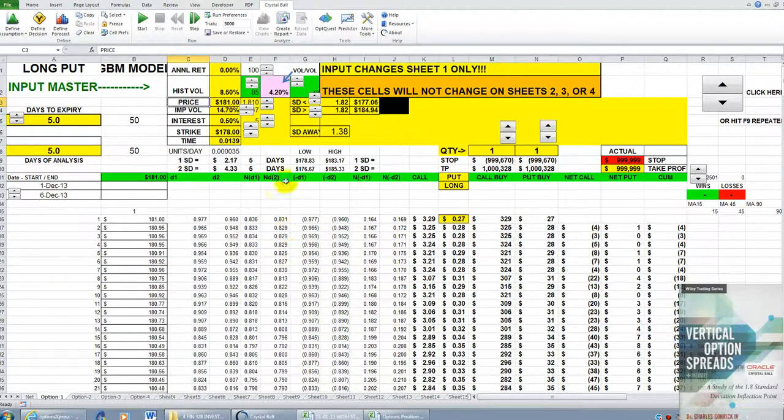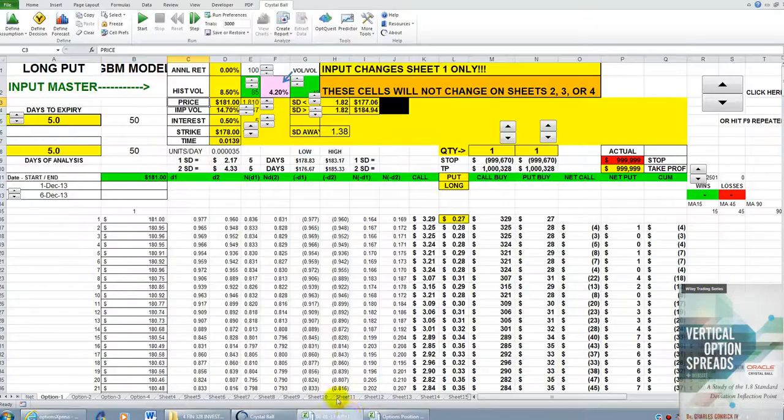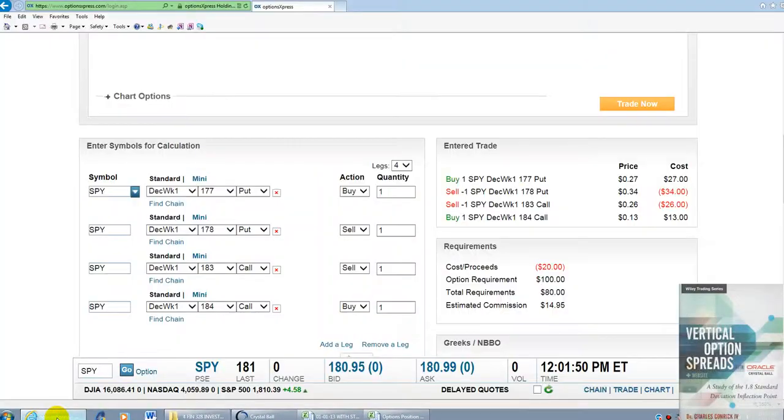Now, the interest rate I've left, you'll notice, at 1/2 of 1%. The strike price I put in is equivalent to what we looked at on the options express sheet, which is the 177 put. And you'll notice it's priced at 27 cents. I think I have to beg my pardon, it looks like I put in a 178, bear with me.